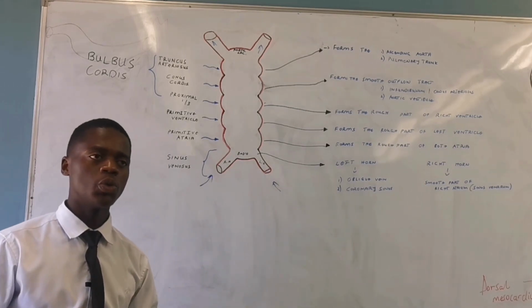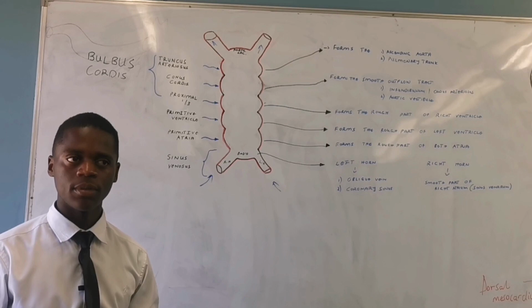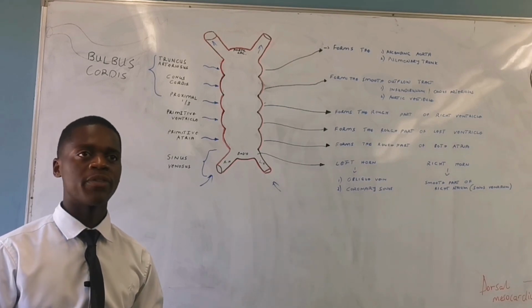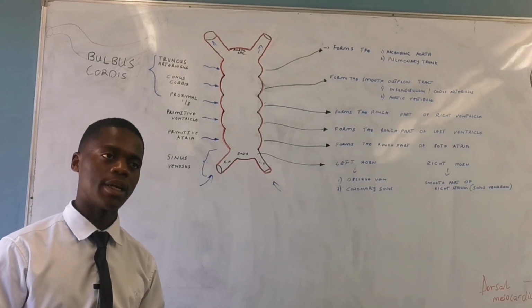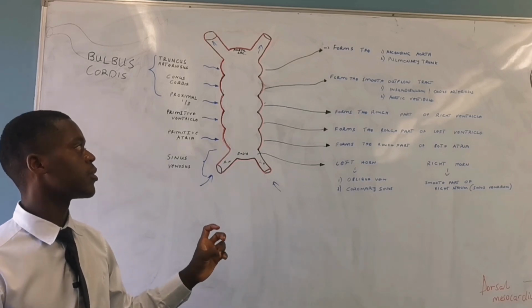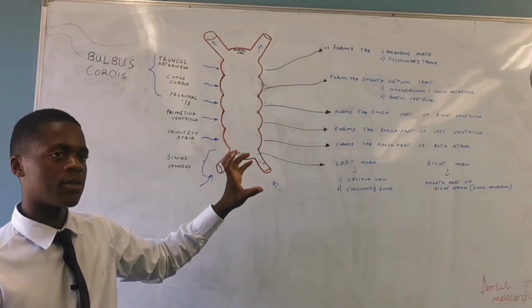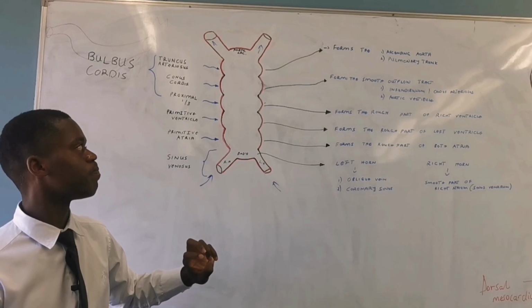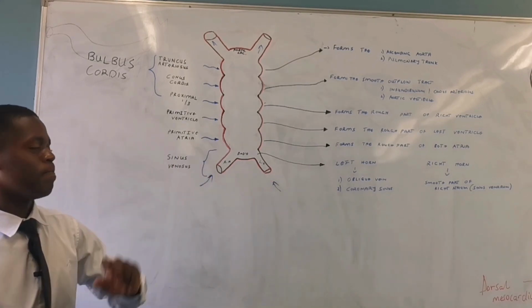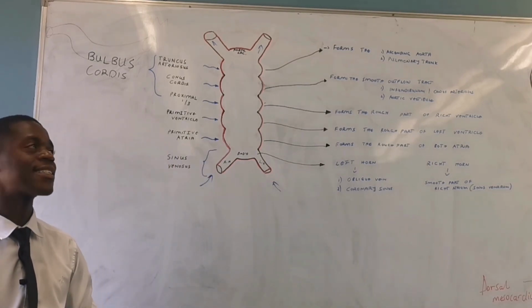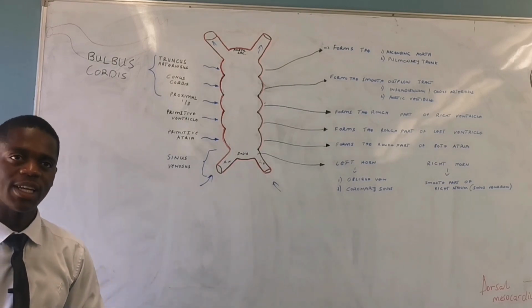We are referring to the infundibulum, and also we are referring to the aortic vestibule. Right? So these are the two smooth parts of the arch going to form. From there, we have our truncus arteriosus.